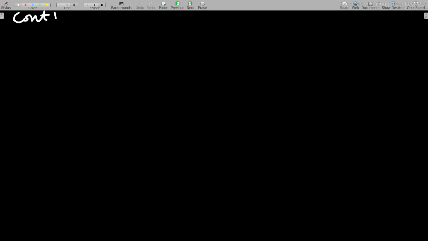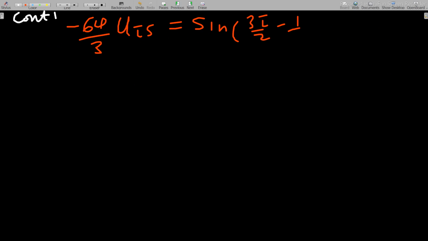Okay, the equation is this, negative 64 over 3, then u tau s should be equal to sine of 3 tau over 2 minus 1 over 2s. So I know my u tau s, that is what we just found.